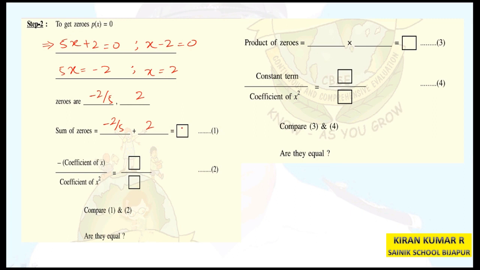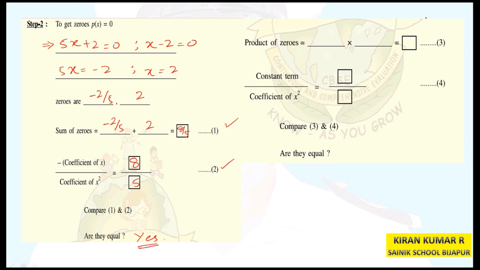So this is 8 upon 5. What is the minus of coefficient of x? It is positive 8. What is the coefficient of x square? It is 5. Compare this 1 and 2. On comparison, we will be able to say that they are equal.